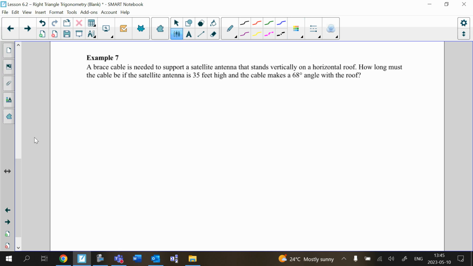So a brace cable is needed to support a satellite antenna that stands vertically on a horizontal roof. Okay, so here's the roof. We know that it's horizontal. There's an antenna on the roof, and it's vertical.